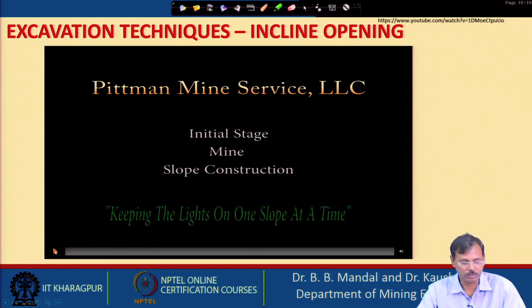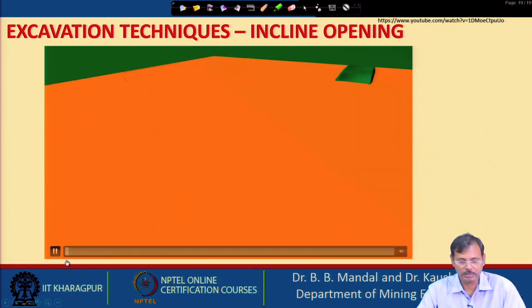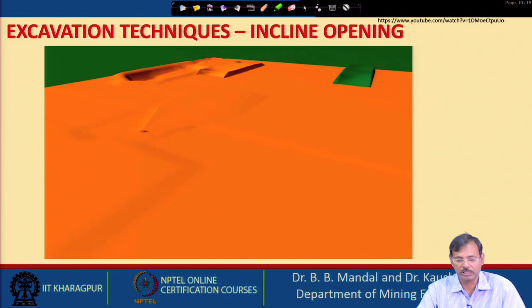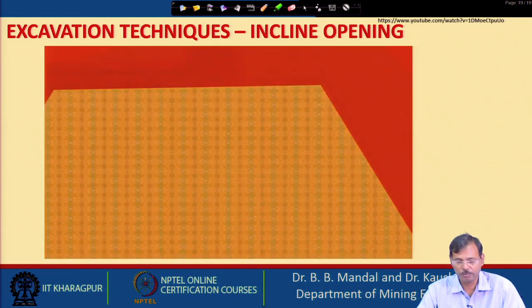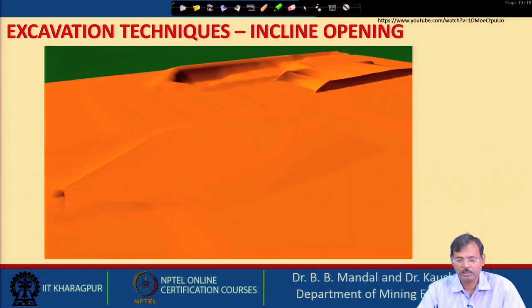Now, let us once look into how the portal excavation is made. Say suppose in this case the excavation has to be carried out. So, these are the first ground installations that have to be made, different facilities.